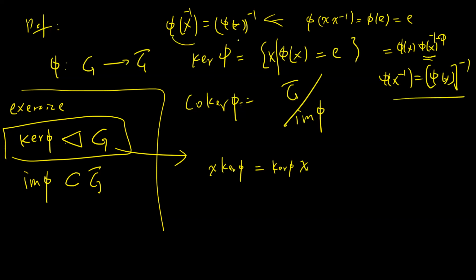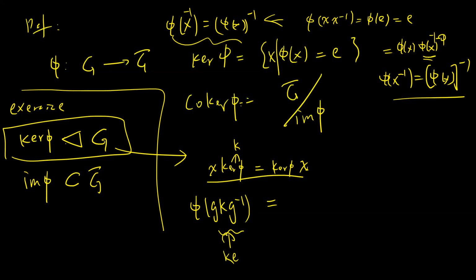Okay, so once you have this, notice that we take an element, call it k, in the kernel. We take any element g k g inverse, where g is in the group G. We need to check that this is still in the kernel. If it's still in the kernel, then we are done.